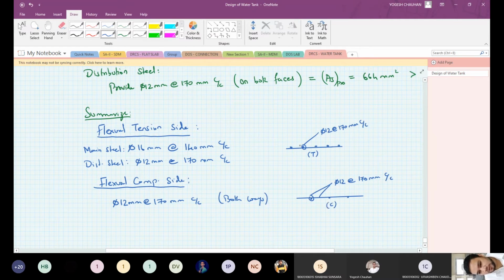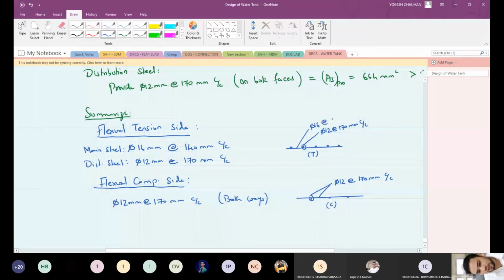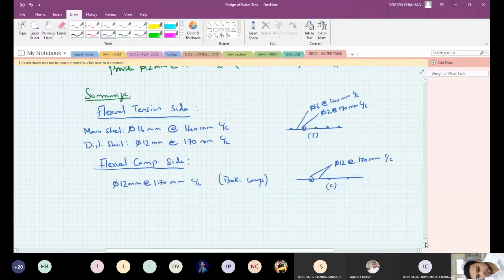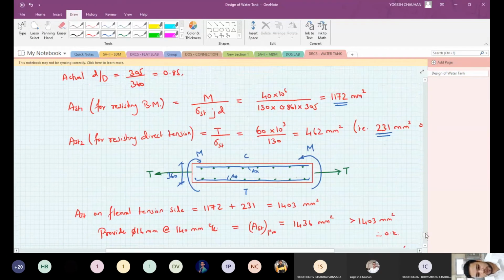And this is the main steel, that is 16 dia at the rate of 140 mm center to center. Clear?